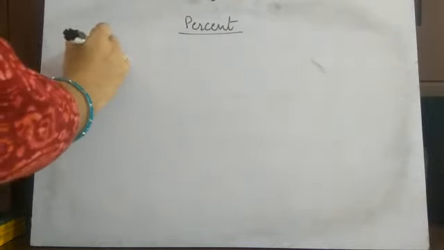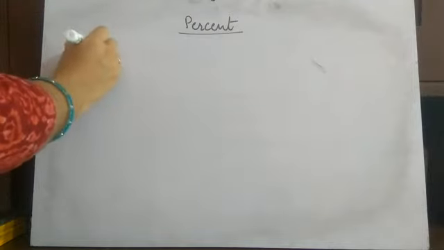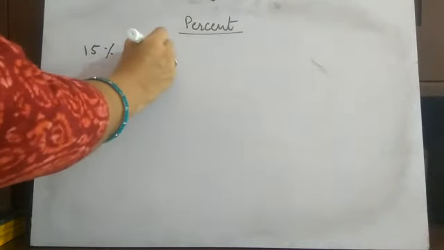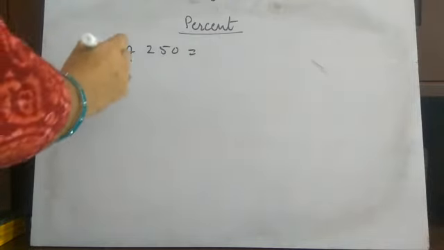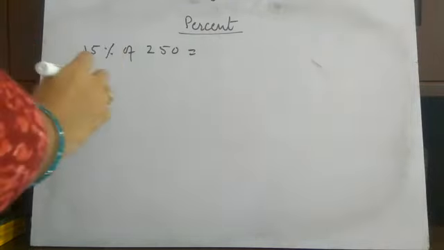Now the percent related problems which you are going to come across. Suppose you have a question: find 15% of 250. What are you going to do? We cannot solve with the percent sign. First we need to convert into a fraction.